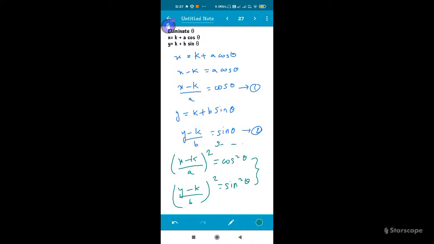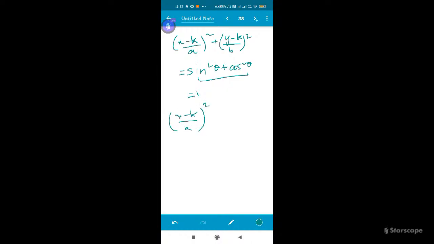So now I am going to add these two equations and I will get x minus k by a whole square plus y minus k by b whole square is equal to sine square theta plus cos square theta, and this is equal to 1. So my final answer is x minus k by a whole square plus y minus k by b whole square is equal to 1.